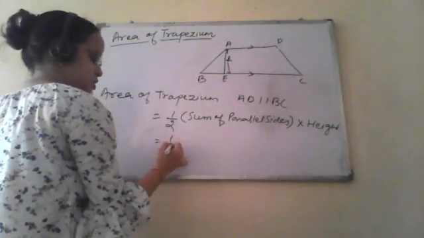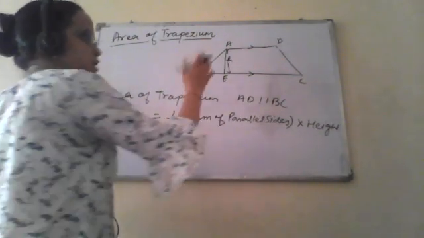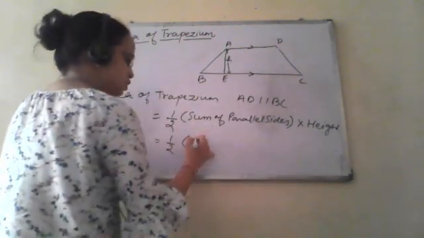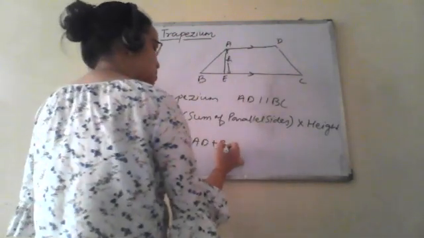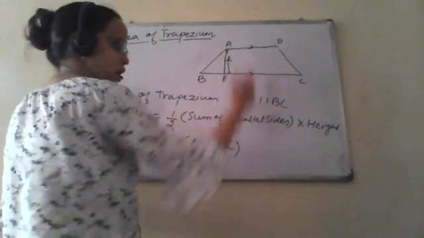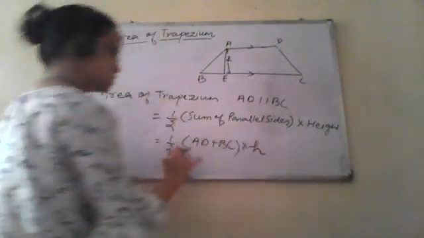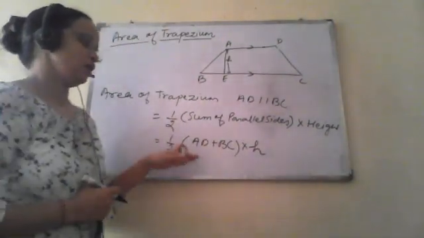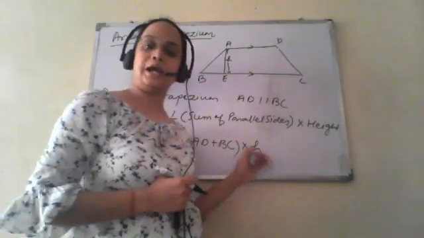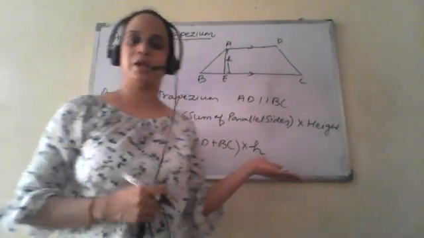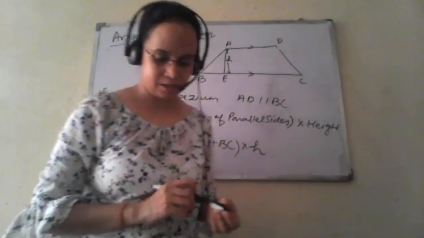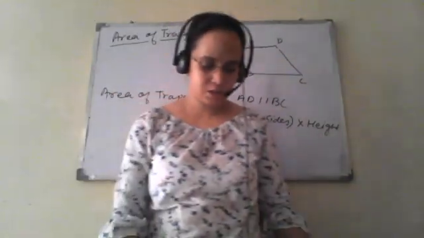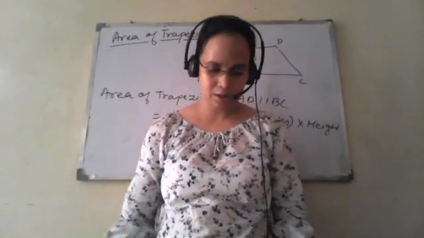Okay, so this is 1 by 2 sum of parallel sides are AD and BC. So it is AD plus BC and height is H into H. So this is the area of trapezium, half into sum of parallel sides into distance between those parallel sides. Clear? So this is how we are going to calculate the area of trapezium.